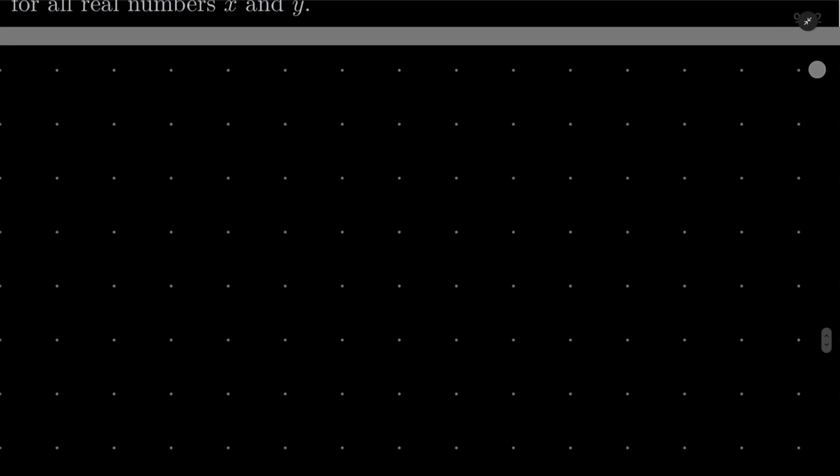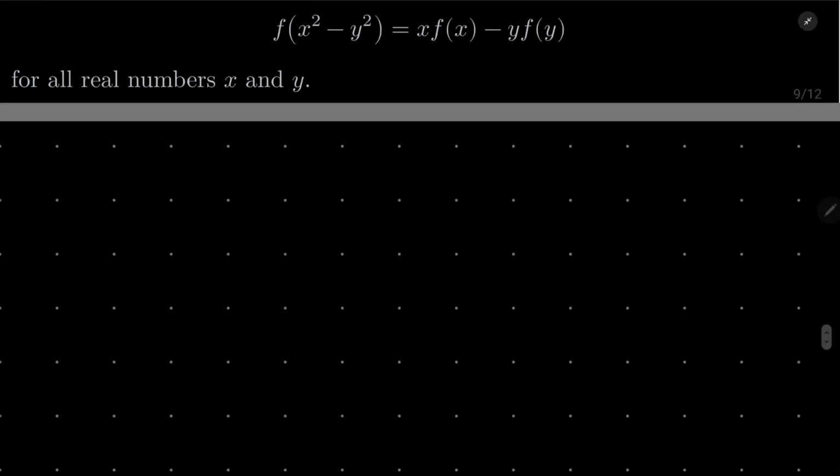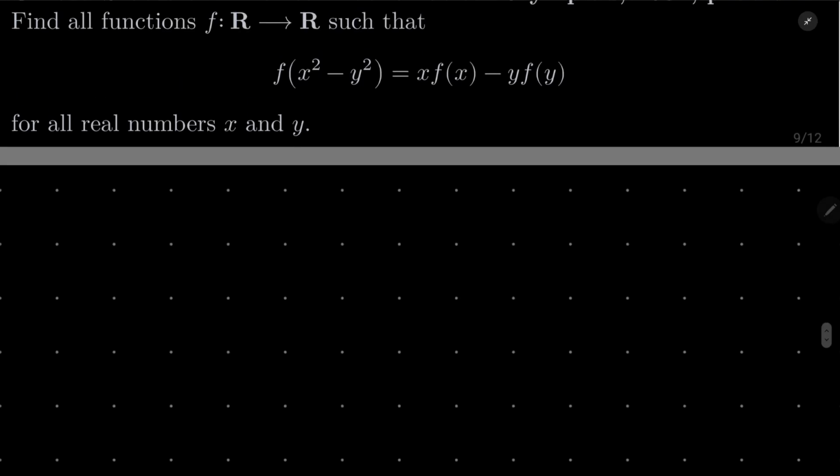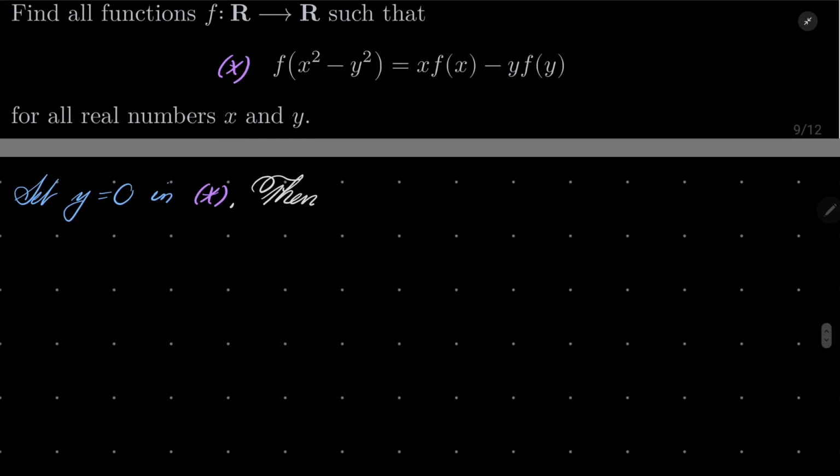Okay, so let's tackle our problem. As I suggested, let's start with setting y equal to 0 in our condition, which I mark asterisk. Then we have the following: f of x squared equals x times f of x.